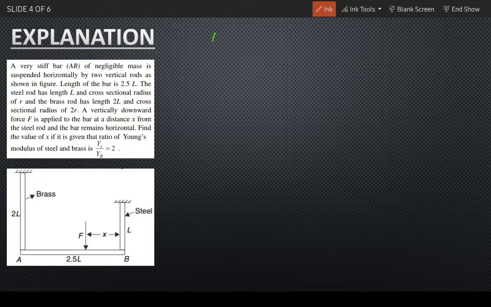So from this we can find out that the extension in wire 1, the brass, and steel rods is equal or the same.